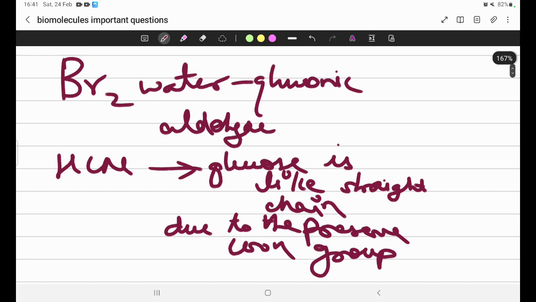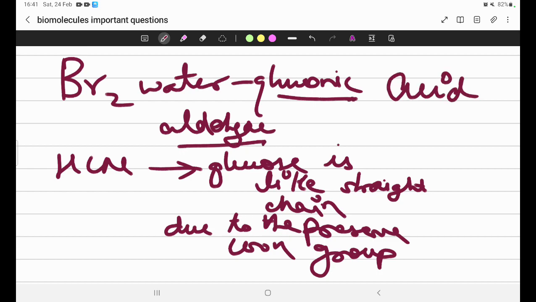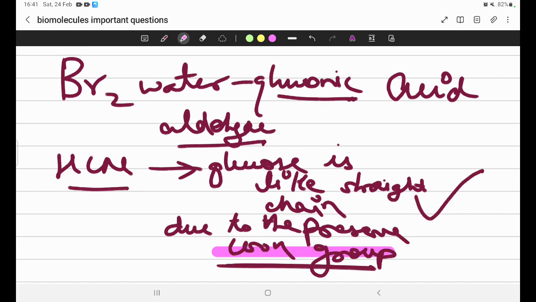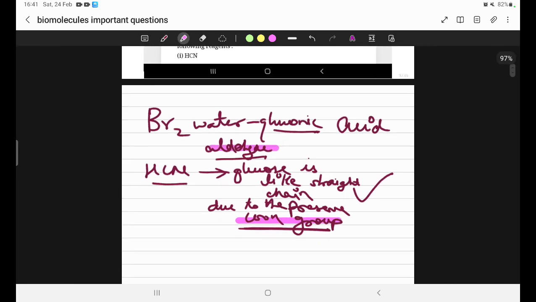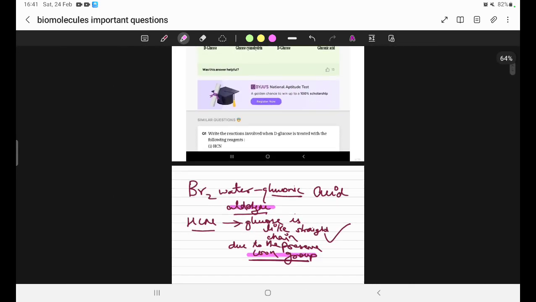I hope you're able to understand my handwriting. With Br2 water, gluconic acid will be formed here. And with HCN, glucose is a straight chain due to the presence of the CHO group, and here it is because of the aldehyde, and I've already written that here also.